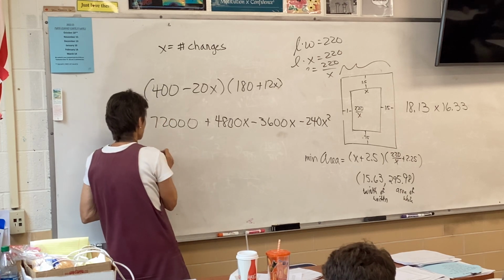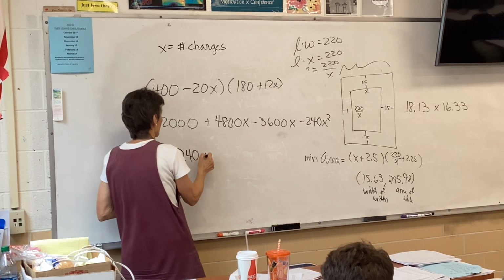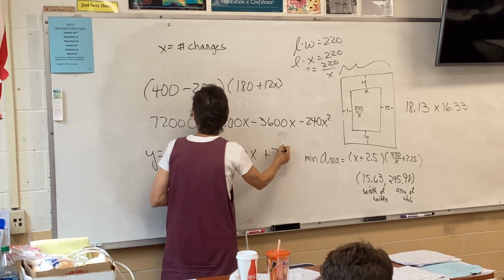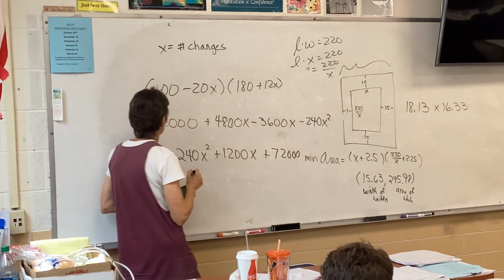So my equation is negative 240x squared plus 1200x plus 72,000.